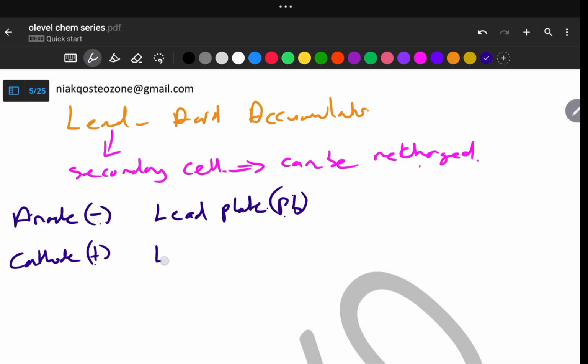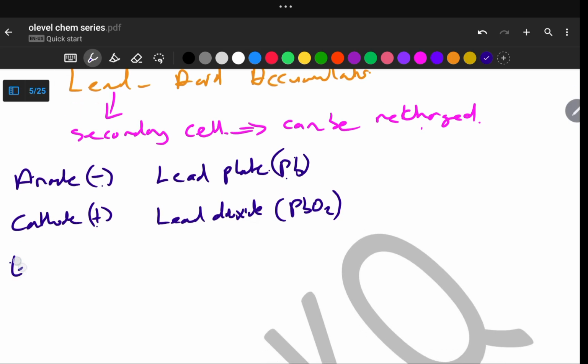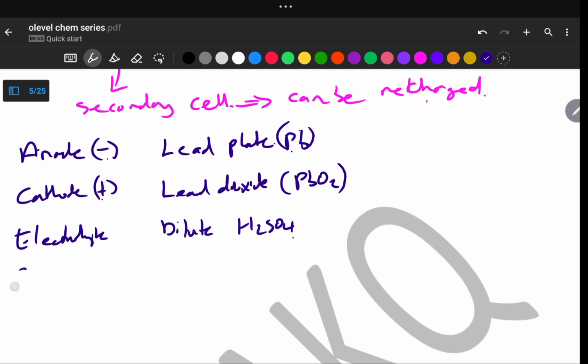So we can say lead dioxide, still the same as lead 4 oxide. And then we also have the electrolyte, which is dilute. So you must take note of the term dilute sulfuric acid.